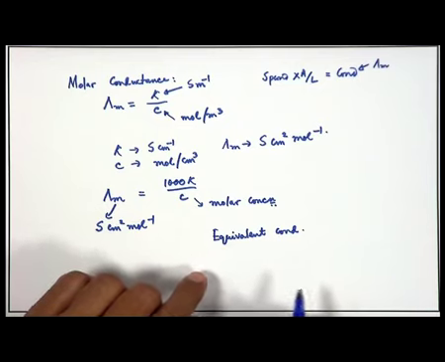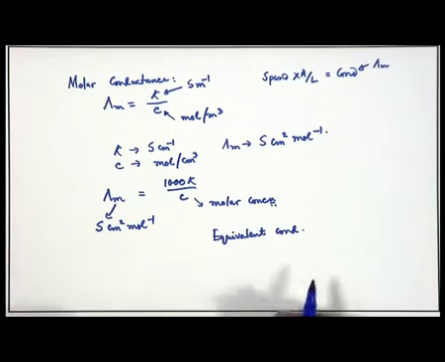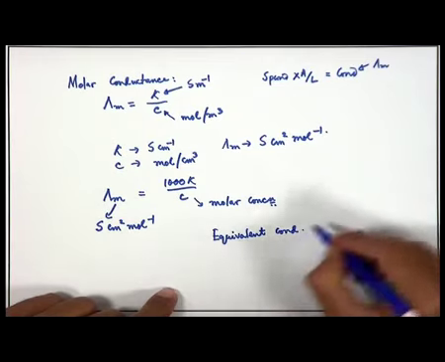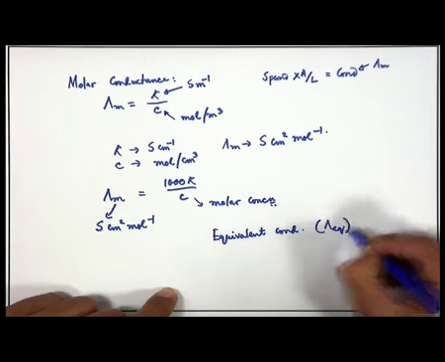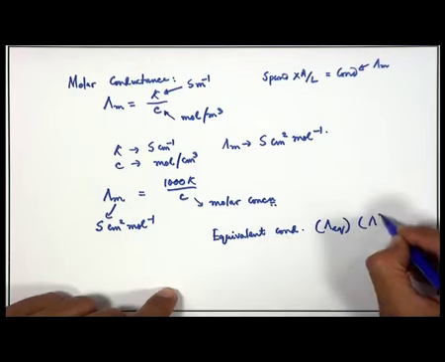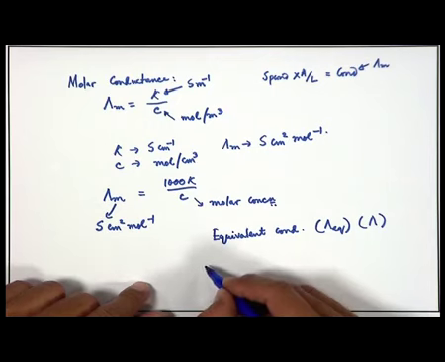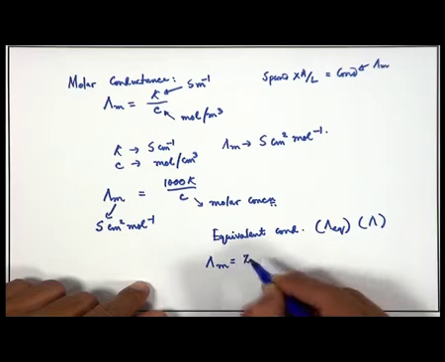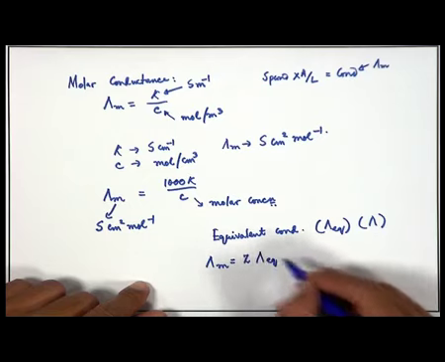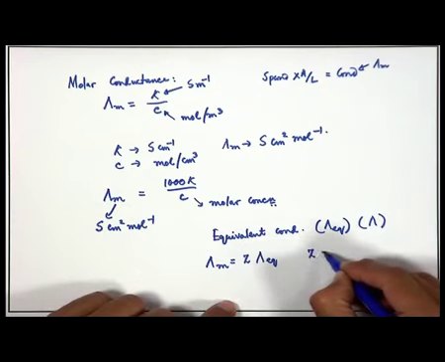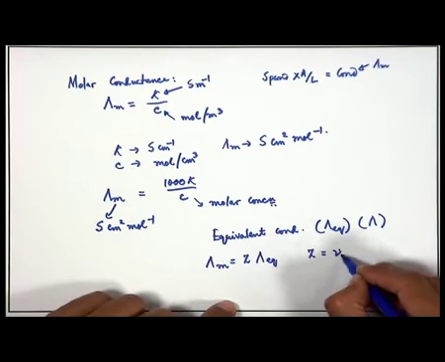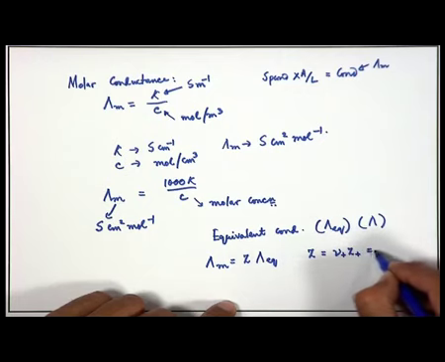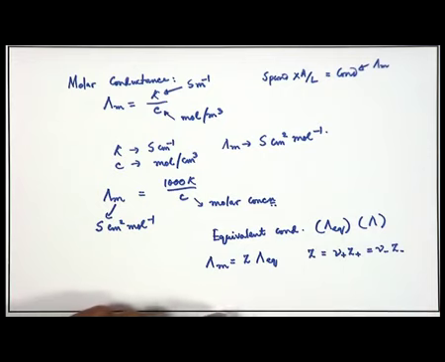The relation between lambda m and lambda equivalent, or simply lambda, is lambda m equal to Z into lambda equivalent, where Z is nu plus Z plus equal to nu minus Z minus, the charge number for the electrolyte in question.